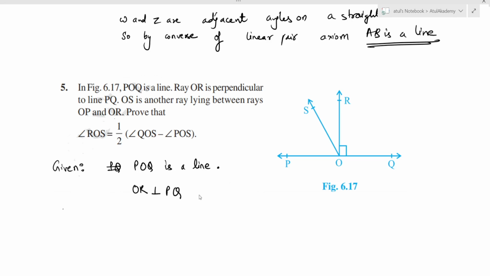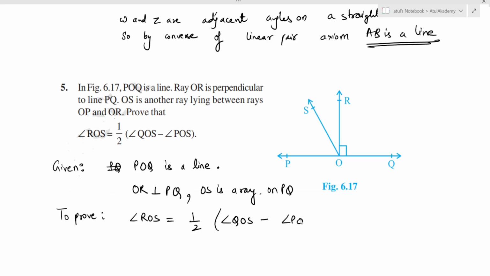This is all that is given to you. One more thing is there, that OS is a ray on PQ, another ray. Now you have to prove angle ROS is equal to half of angle QOS minus angle POS.